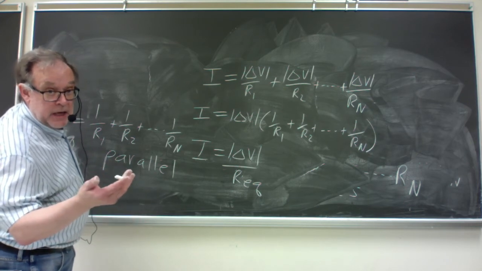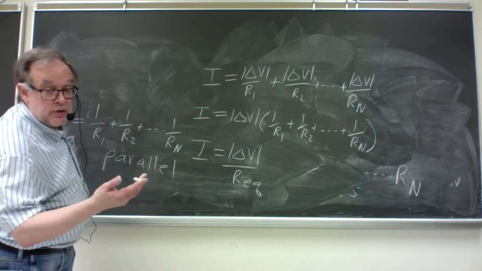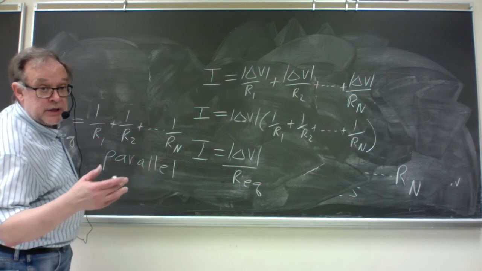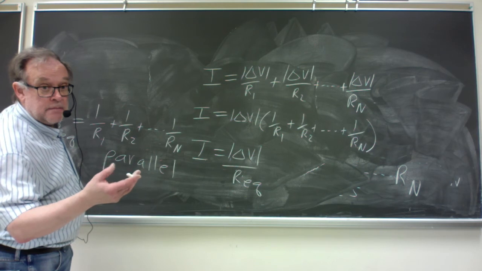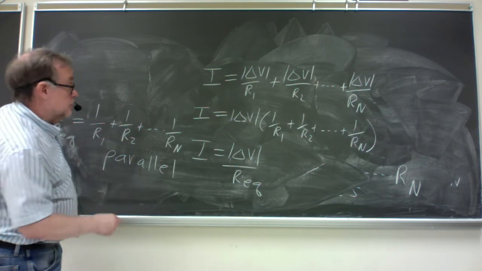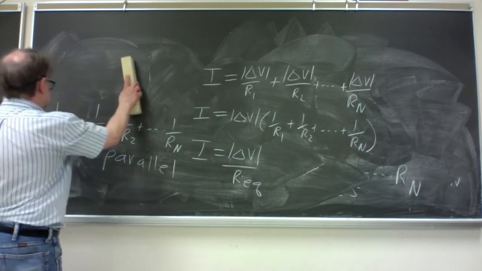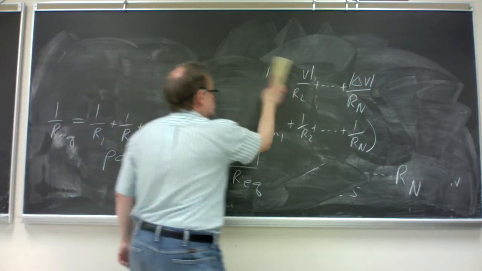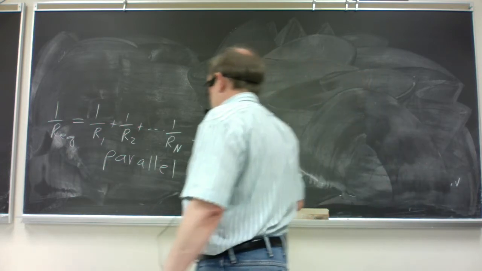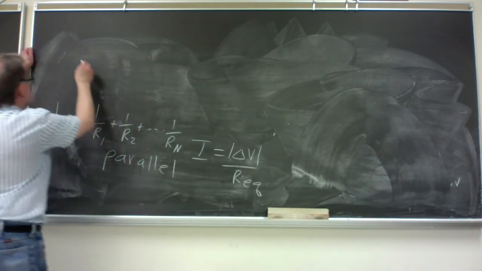Let's look at a simple example now where we use these two rules for equivalent resistance in series and equivalent resistance in parallel to take a somewhat complicated circuit and simplify it down into the equivalent simple circuit. So our complicated circuit will look like this.